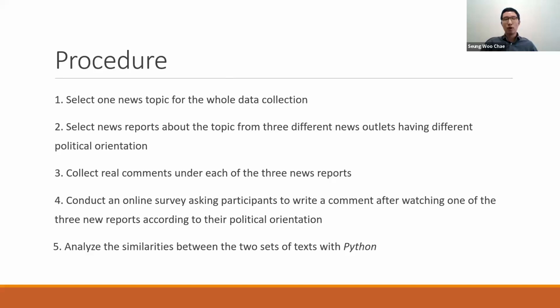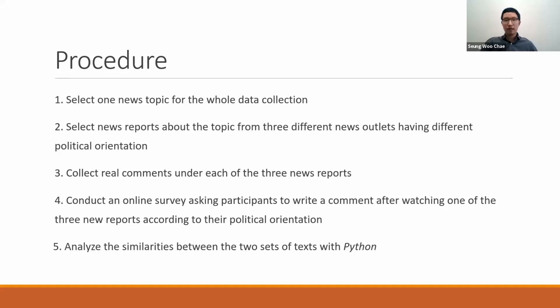First, I selected one single news topic for all of the news reports used in this study. Then I selected news reports about the topic from 3 different news outlets having different political orientations: conservative, neutral, liberal. Third, I collected real comments under each of the news reports, news videos.